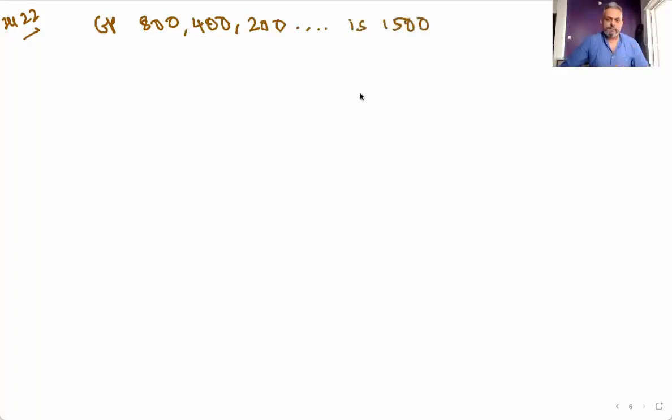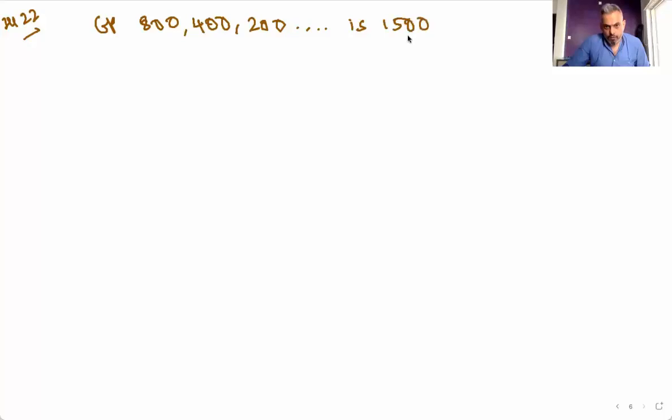Now illustration 22. The sum of how many terms of GP 800, 400, 200 is 1500.